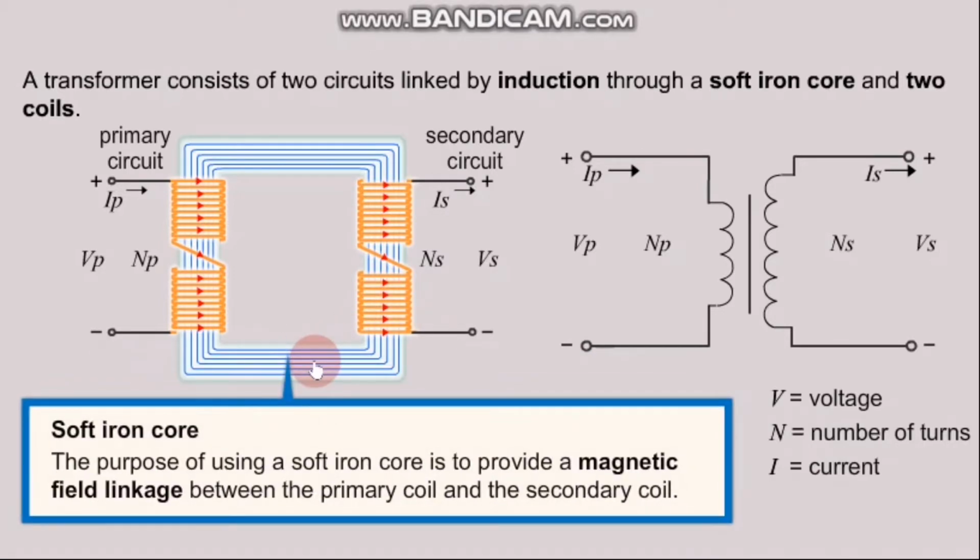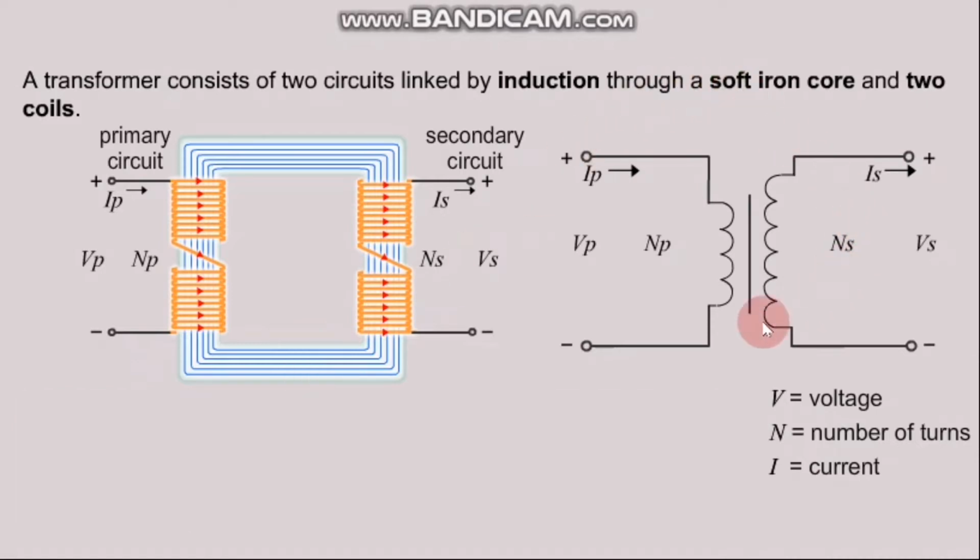And this is what we call the soft iron core. So what is this soft iron core used for? It acts as a bridge to provide a magnetic field linkage between the primary coil and the secondary coil. And this diagram on the right shows us the symbol of a transformer.